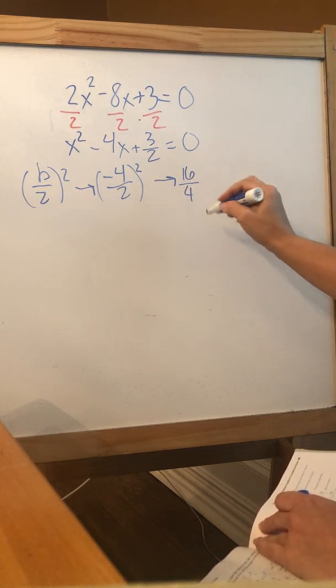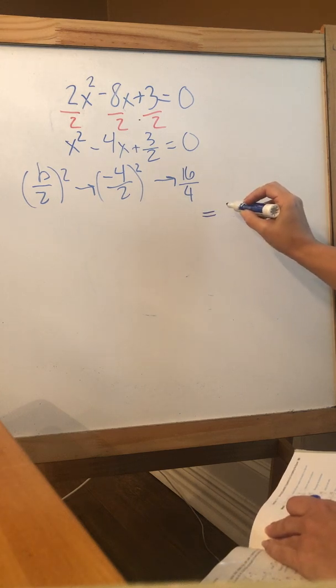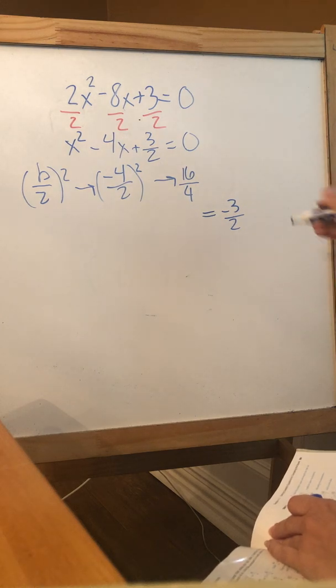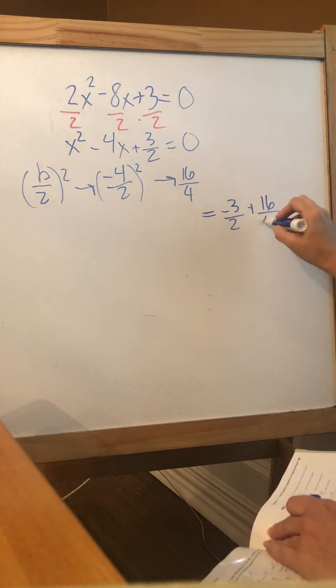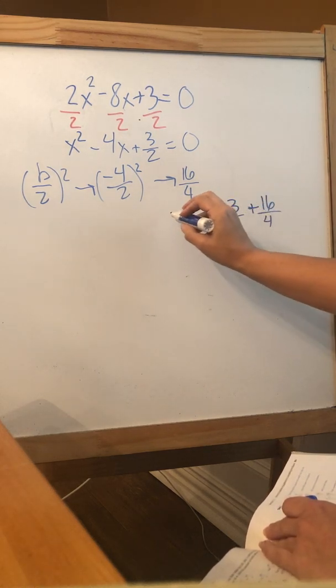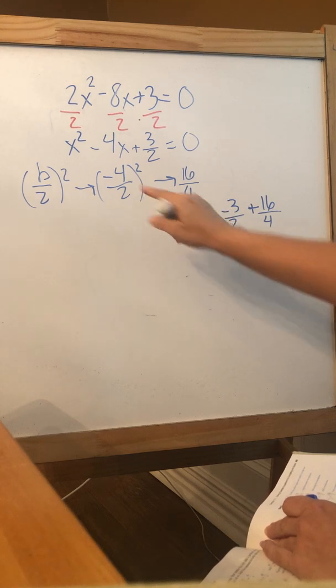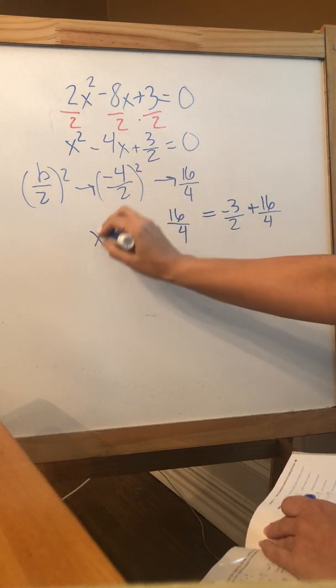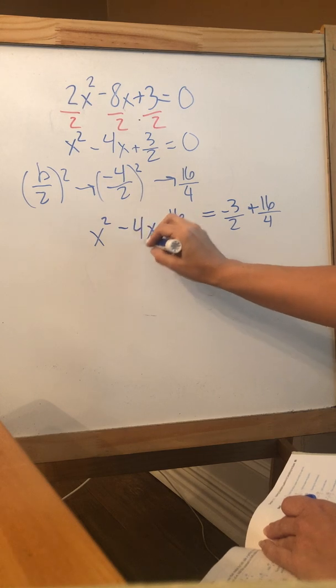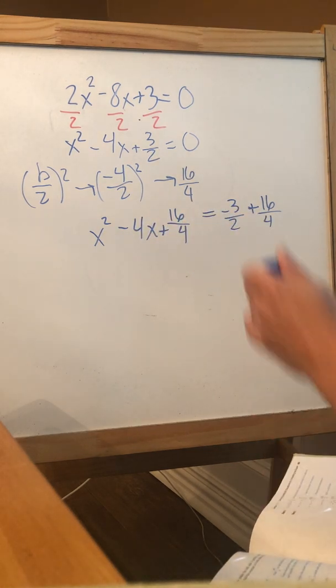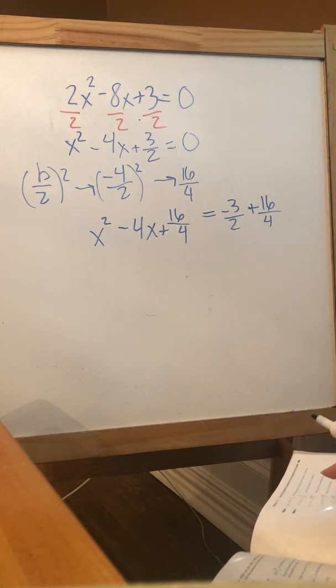So as we rewrite this, we're going to have -3/2 because we moved it over here, and we're going to have 16 over 4, and here we have 16 over 4, and we're rewriting this. We have x squared minus 4x plus 16 over 4. Okay, there's our equation rewritten.